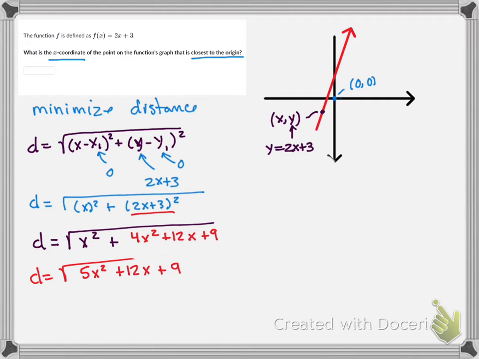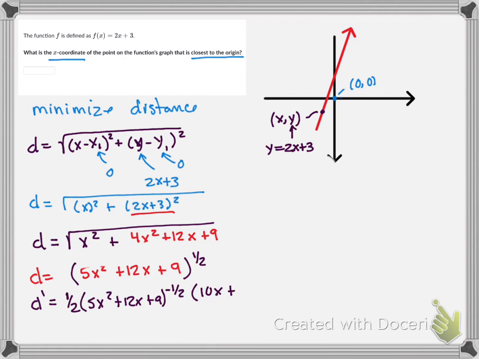I'm going to rewrite this with the 1/2 power so that it's easier to take the derivative. D prime will be 1/2 the 5x squared plus 12x plus 9 to the negative 1/2 times the derivative of the inner, 10x plus 12.